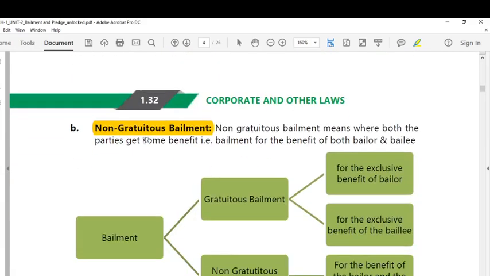So the second is the non-gratuitous bailment. Non-gratuitous bailment means where both the parties get some benefit. Both the bailor and bailee will have a benefit, and that is called the non-gratuitous bailment.